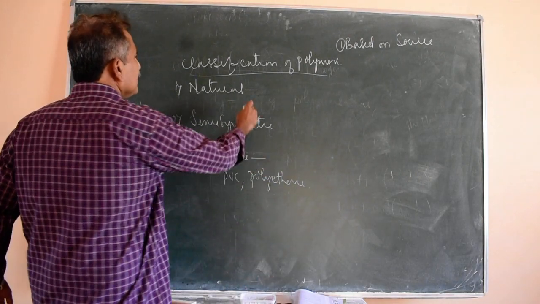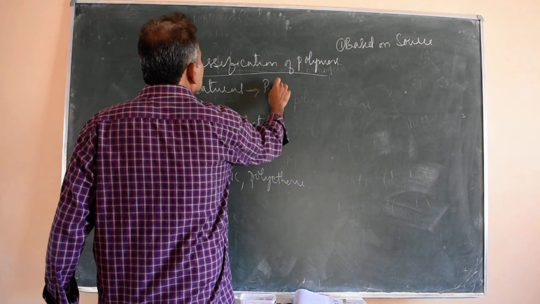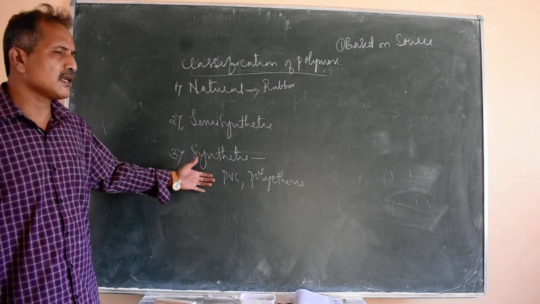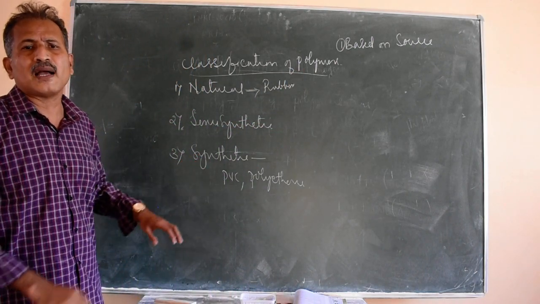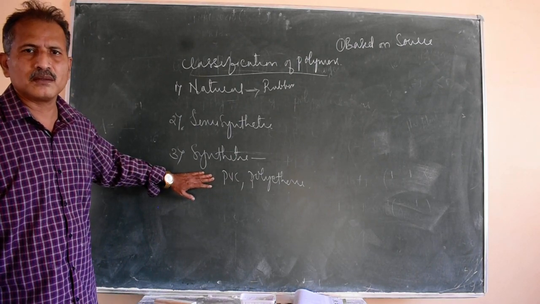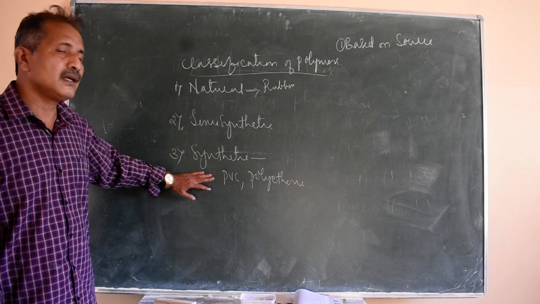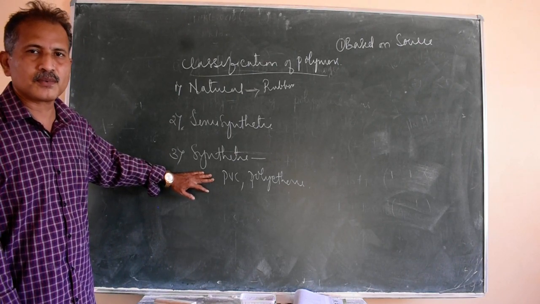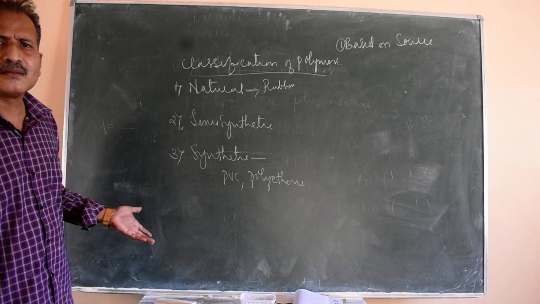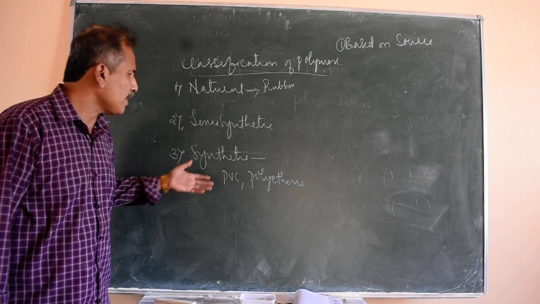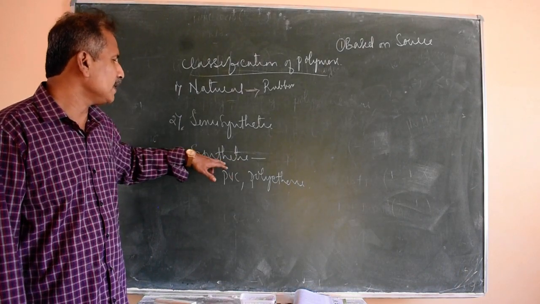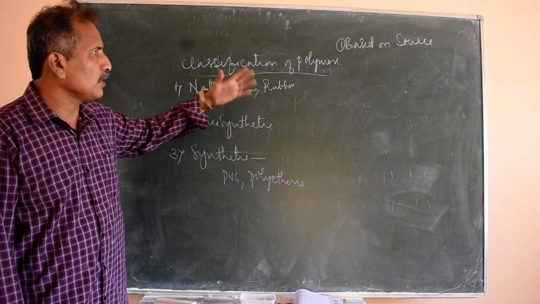Right here, the best example is rubber. These are all man-made, derived by man, so they are synthetic in nature. This means they are created in the lab or using industrial processes. So I can say they are derived by man, or man created them. So they all come under synthetic polymers.